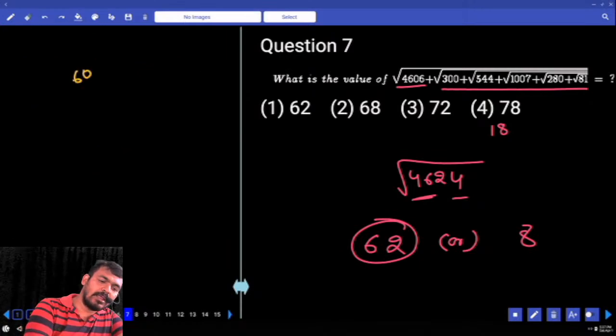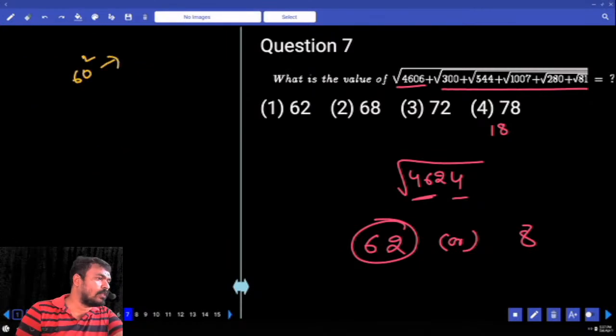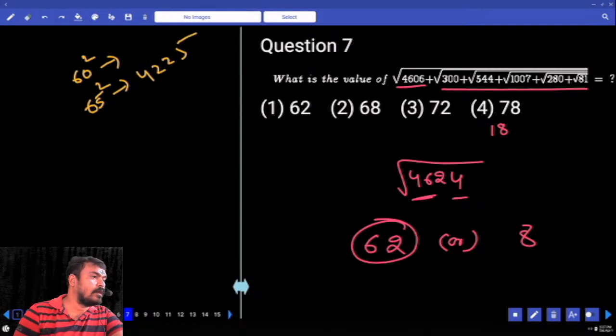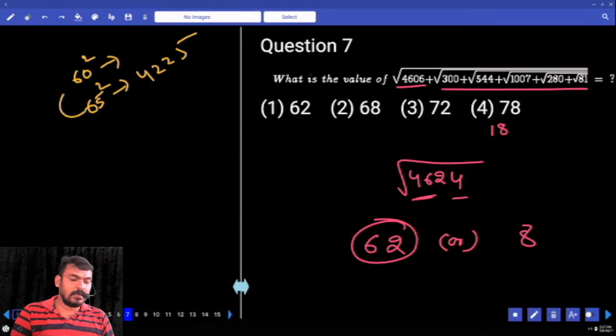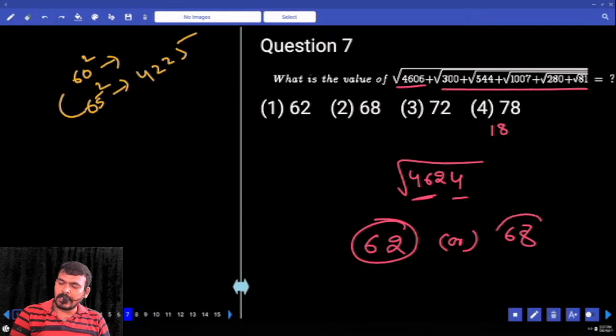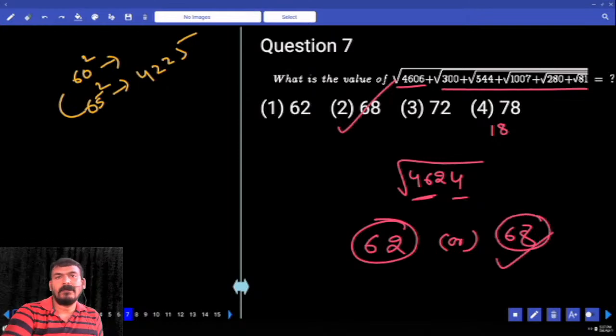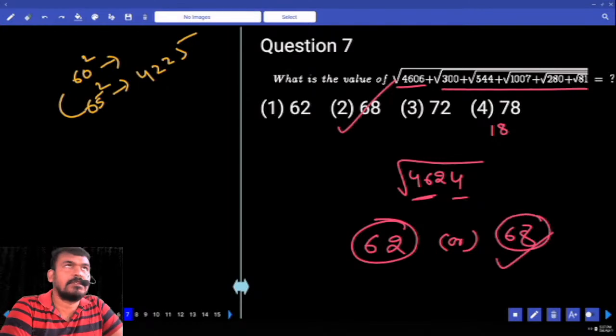More than 60 square or less than 60 square? More than 60 square. What is the 65 square? 4225. In between 60 and 65 means 4225, so it will be 68. 62 or 68? 68.